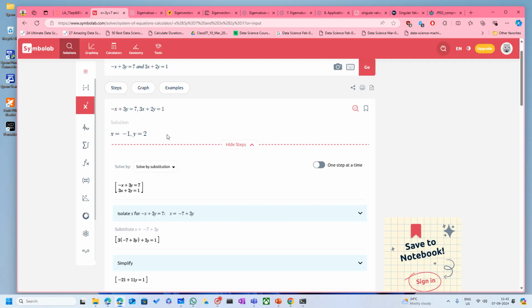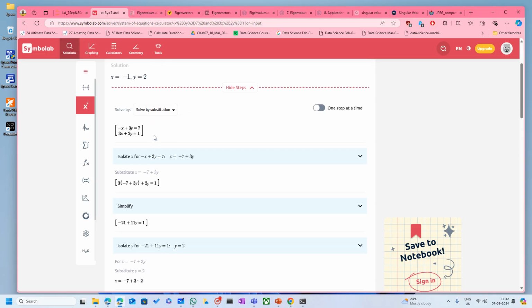The solution is minus 1 comma 2, y equals 2. Using the substitution method, if I ask you to solve it using your intuition, this is how you would generally do it. You will solve for x first. You'll convert this entire statement into x equals minus 7 plus 3y.